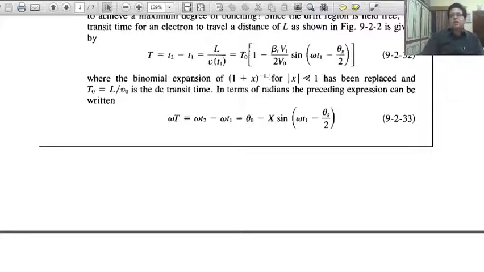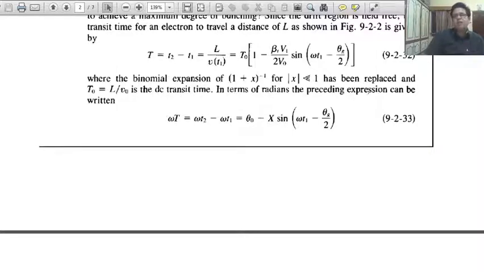Using the binomial expansion, with magnitude of x less than 1, and T0 is L upon V0. This is known as the DC transit time. If there is a notation 0, then this denotes DC. That is for the DC transit time angle.